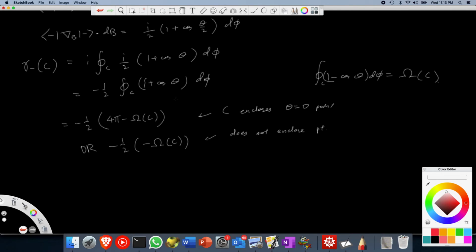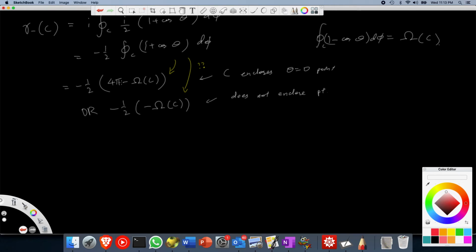Of course, this step is really confusing, and it took me some time as well, so I'll not go too much into detail here. But if you want me to cover it in another video, it's definitely on my to-do list. In each of these cases, we'll see that it's either minus 2 pi plus half of the solid angle, or half of the solid angle.